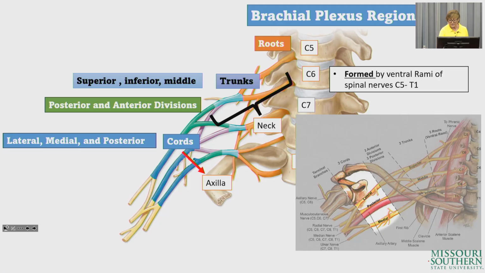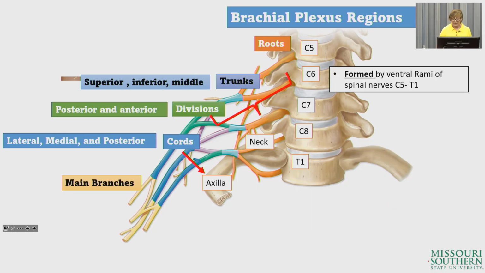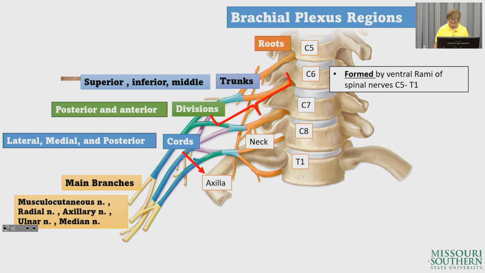So the posterior cord is located posterior to the axillary artery, the lateral will be lateral, and medial will be medial to the axillary artery. The cords give off main branches, and there are 5 of them: musculocutaneous, radial, axillary, ulnar, and median nerves that travel toward the upper limb.